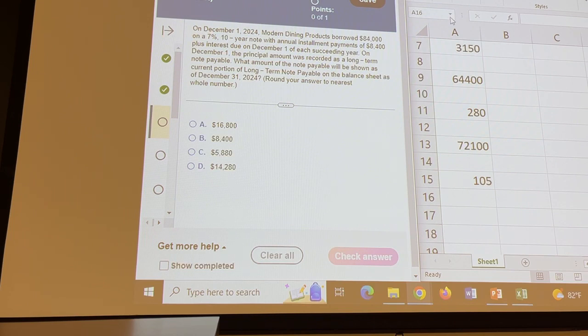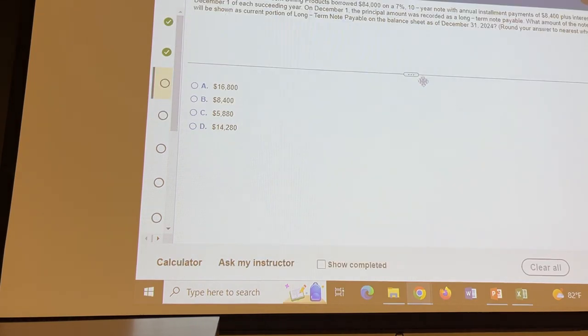Okay, then I have some multiple choice problems here. Some of these can be tricky too. So this company borrowed $84,000 on a 7% 10-year note with annual installment payments of $8,400 plus interest due on December 1st of each succeeding year.